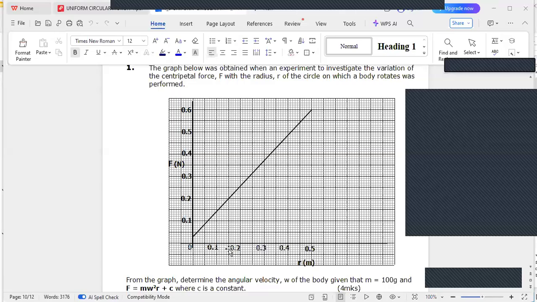Then you come back to the formula and say m omega squared equals 1.143. And m is given. If you look at the question down here, you will see that m equals 100 grams. So you substitute: 0.1 omega squared equals 1.143.